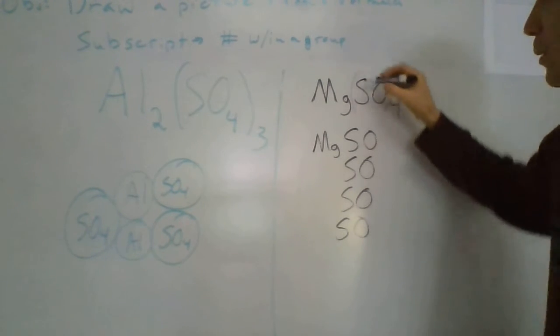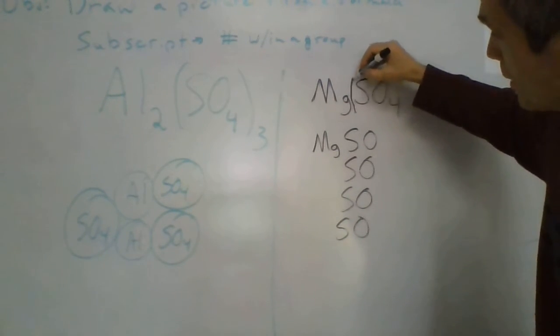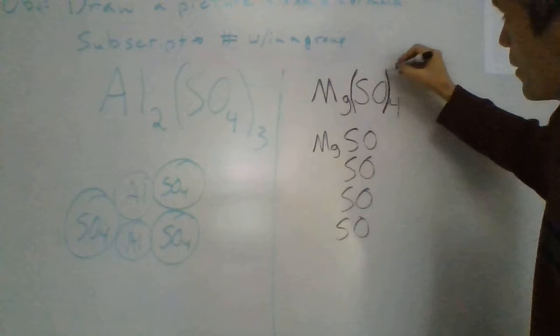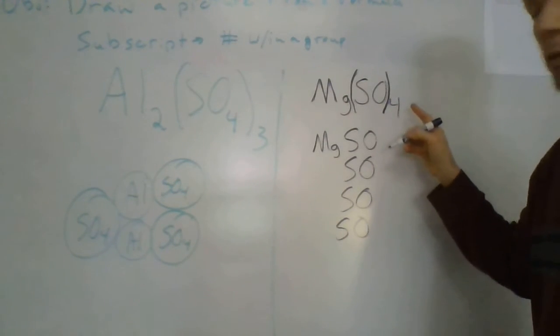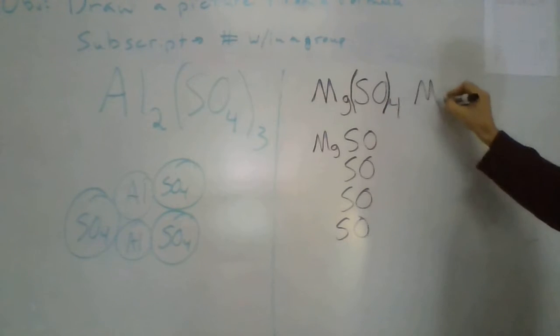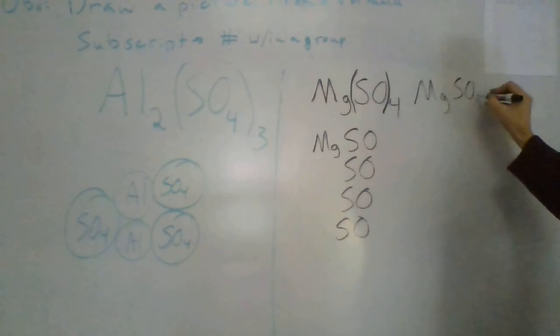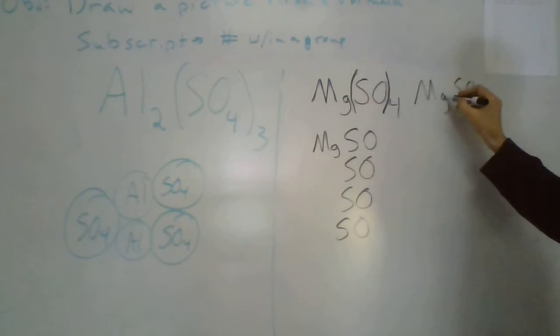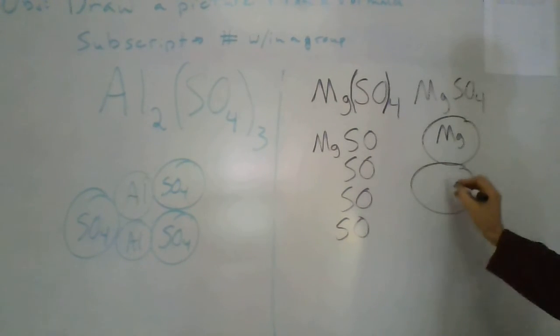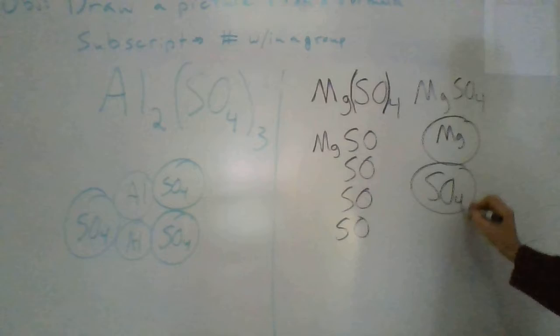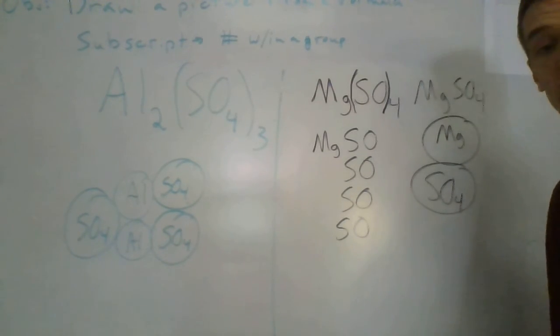That would be this formula when I've had a parentheses around the SO, but I don't. I have an Mg, SO4, so I've got 1 Mg and 1 SO4.